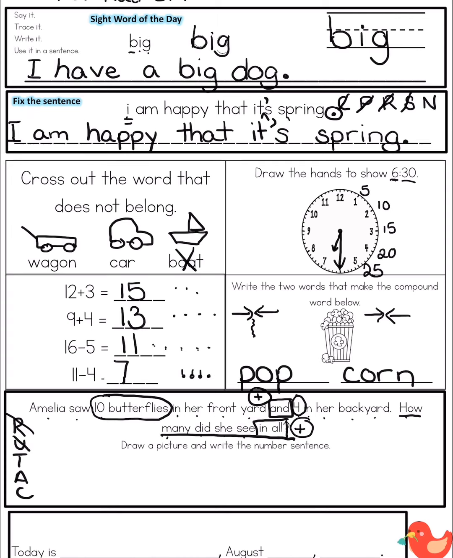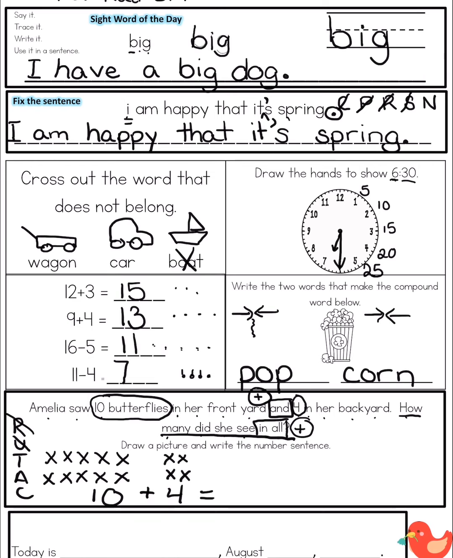All right, let's think about this. I'm going to draw my butterflies, and I'm going to draw X's because I'm not very beautiful at drawing. But I'm going to draw 10 butterflies in the front, and my X's are just butterflies. There's 10, and here's the backyard. And I'm going to put my number sentence right underneath it. 10 plus 4.